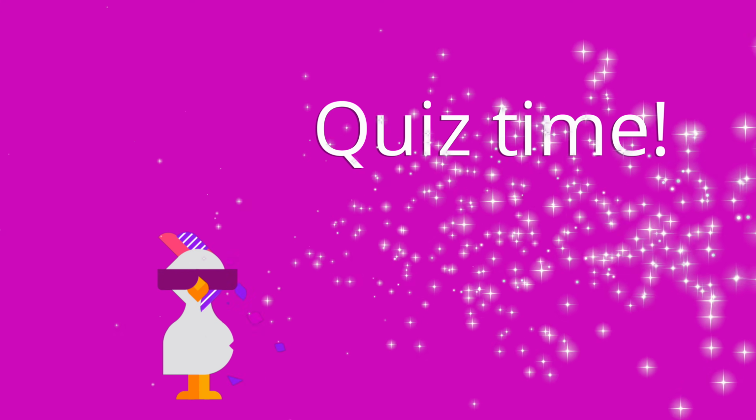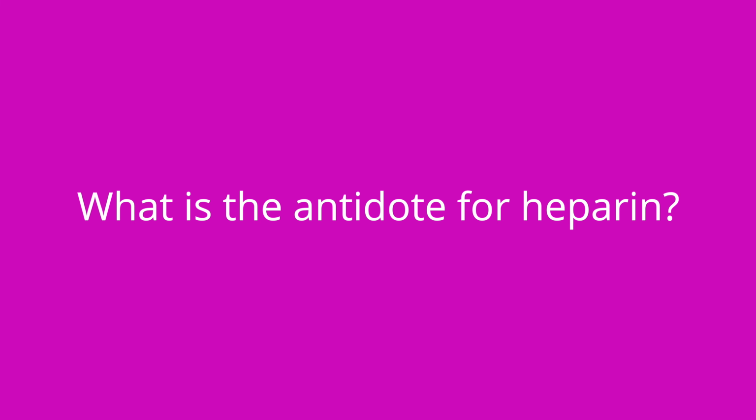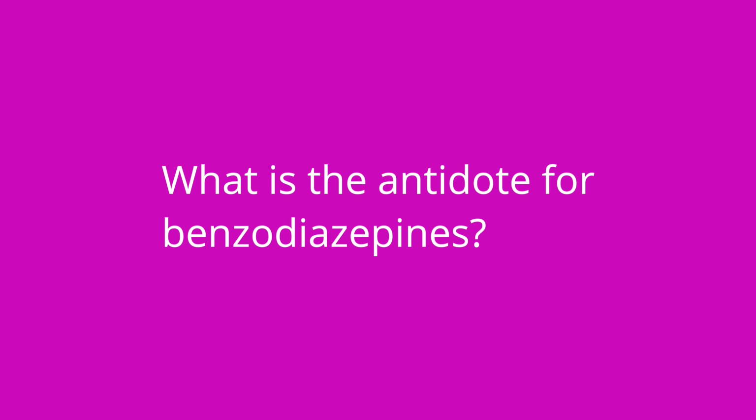All right, it's quiz time. In this quiz, I'm going to ask you the antidote for 4 different medications. You ready? Number 1, what is the antidote for heparin? The answer is protamine sulfate. Number 2, what is the antidote for benzodiazepines?